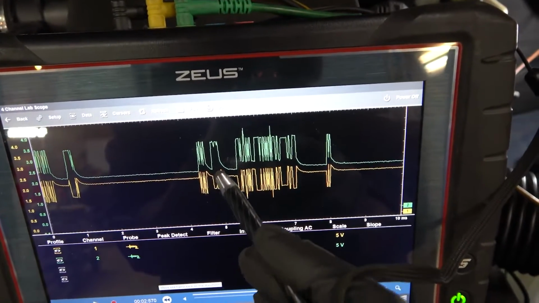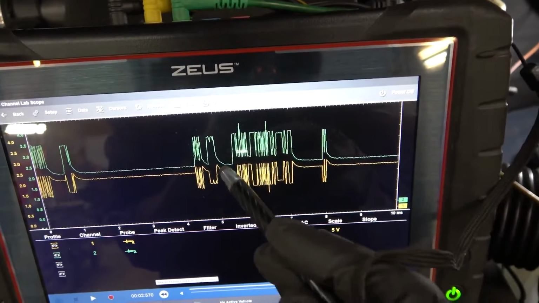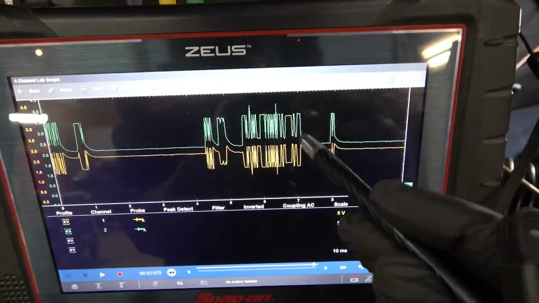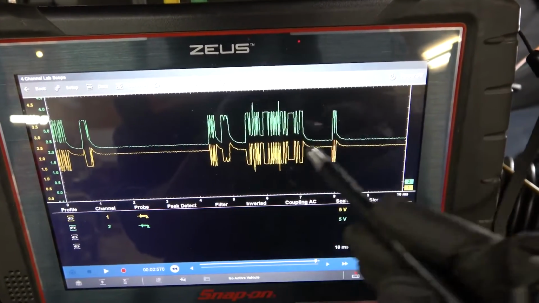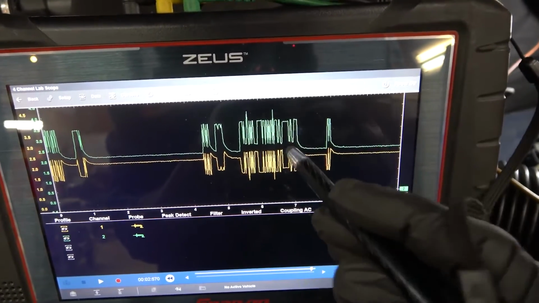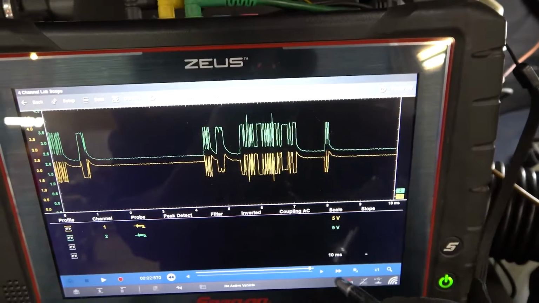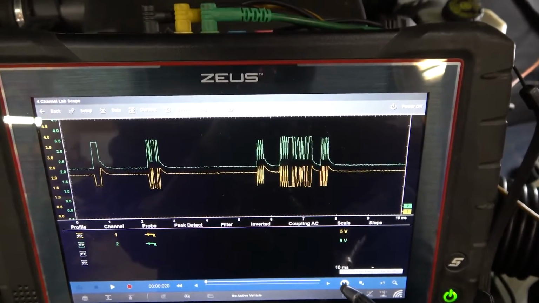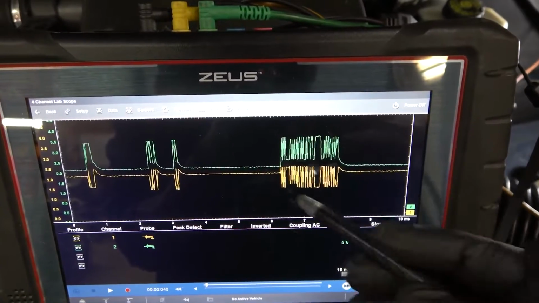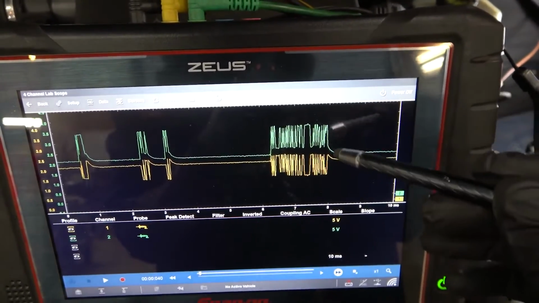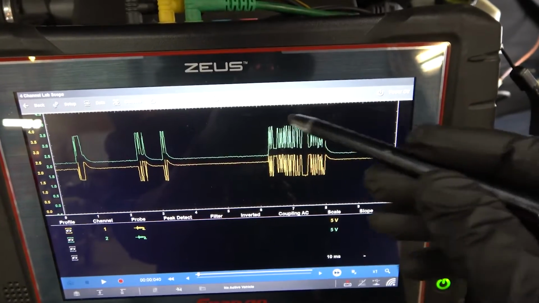Okay, so look at this. Look how bad this looks. The ABS control unit is corrupting the network. It's not pulling it down, but it's corrupting the message on the network. One thing I'm noticing is even the acknowledgement high spike on these data packets is no longer present.